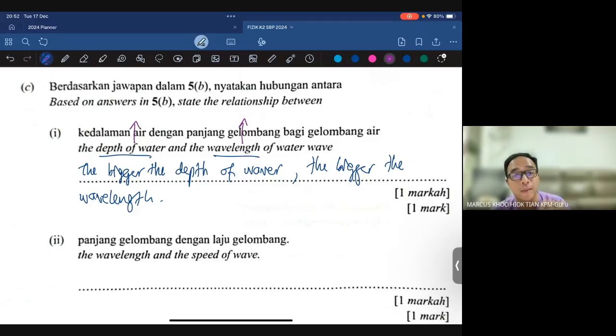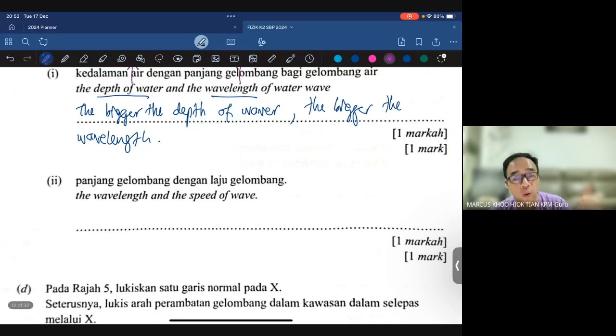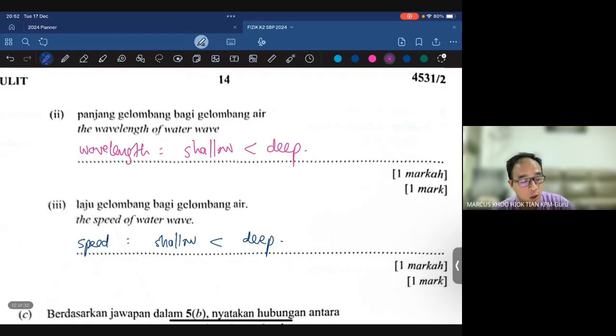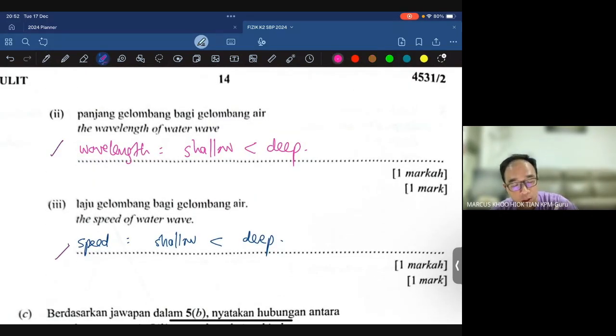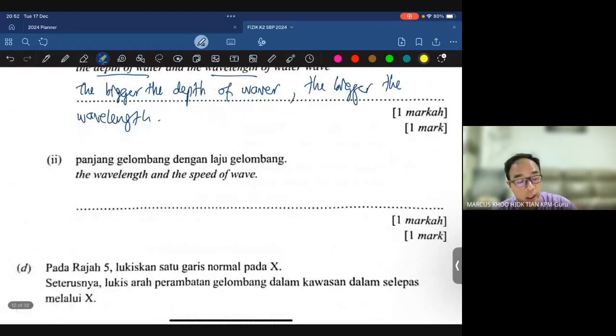Therefore, the wavelength and the wave speed are also the same. Because the direction of the arrow is the same, it's directly proportional. So I would say the bigger the wavelength, the bigger the wave speed. That's how we would do it.